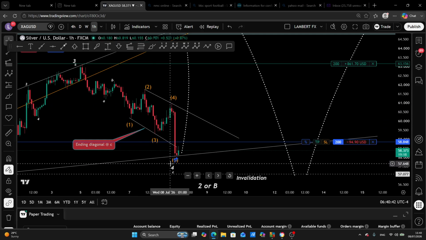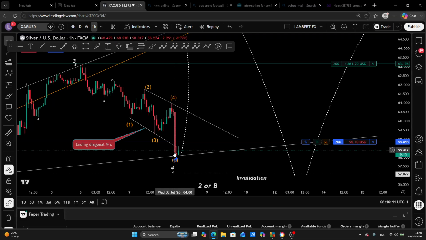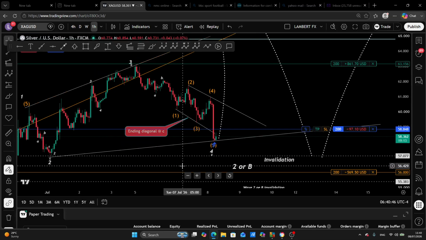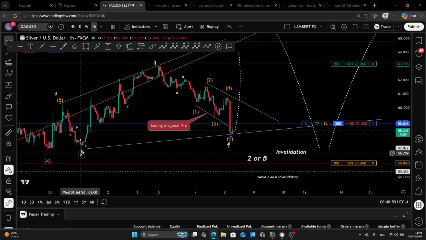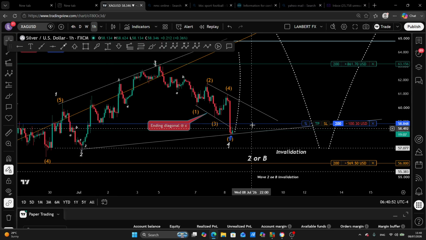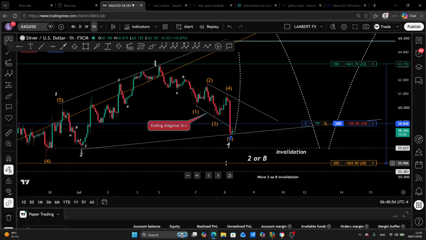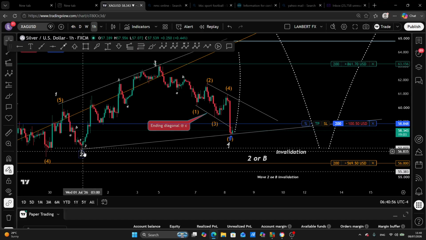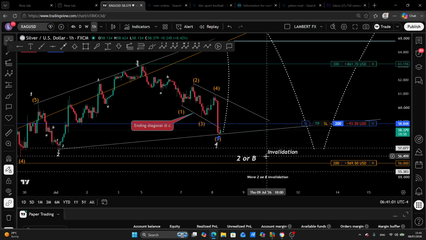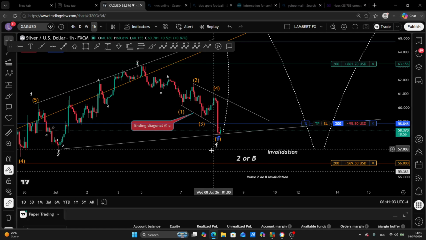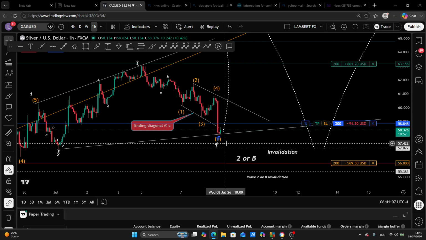All right, so we're now long, and our stop loss is just below the 2, because the rule is that your 4 must not trade below your 2. So this dotted line here is my invalidation line, so that's what my stop is, basically just a few pips below the dotted line.